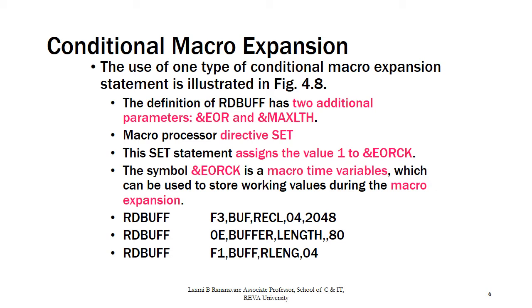Then we have read buffer, F1, buffer, rec length, 04, and the last parameter we are not going to read. So there are 3 macro calls with the arguments specified in this example.